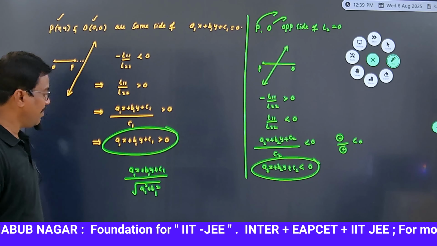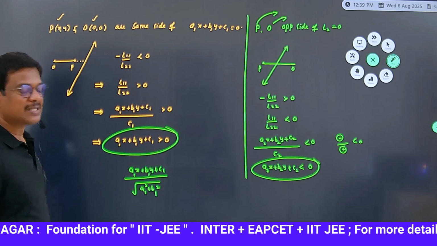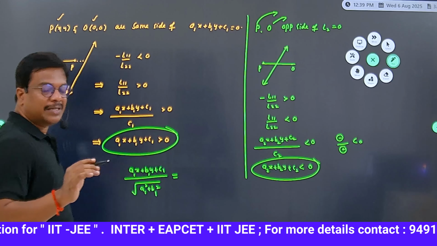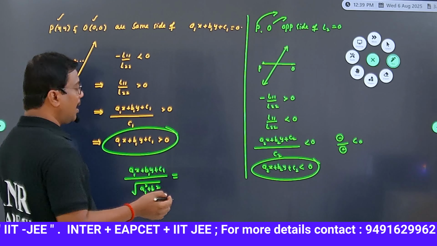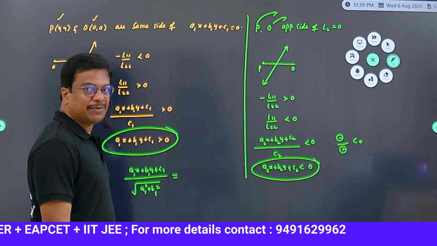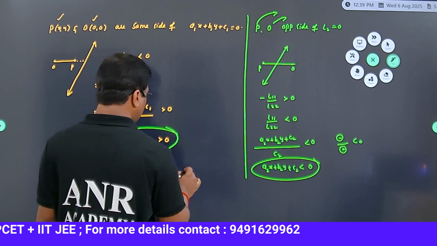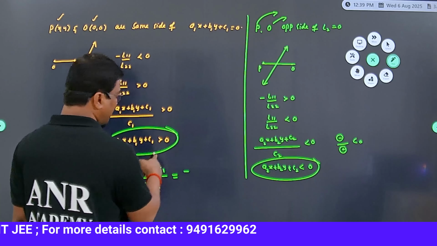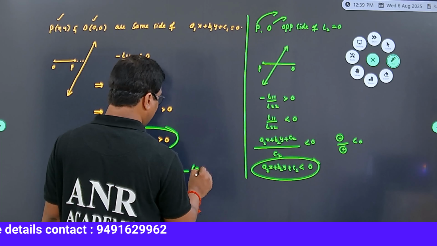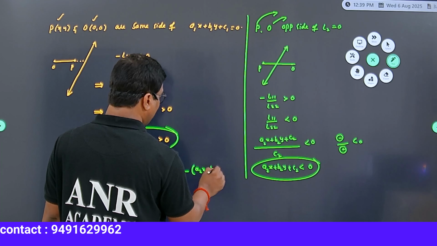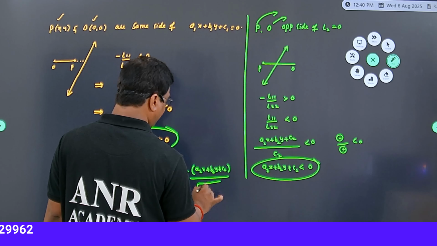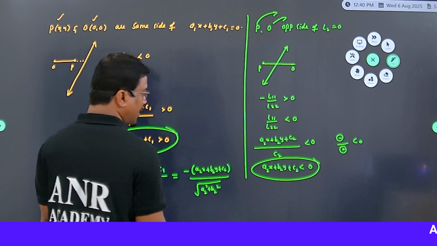Next, in the right hand side D2, for which the internal part A2x plus B2y plus C2 is negative, to get the distance positive you have to write a negative sign. One is with a positive sign and the other with a negative sign. So here you have to write A2x plus B2y plus C2 divided by root over A2 square plus B2 square.